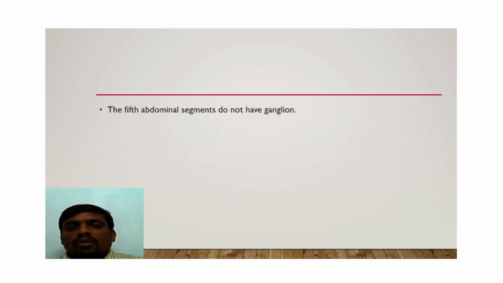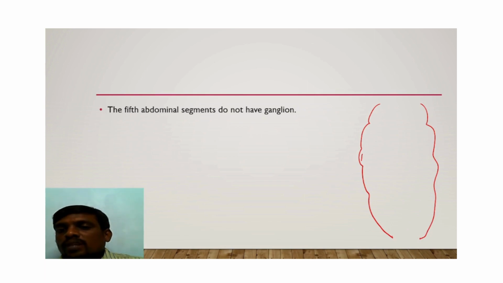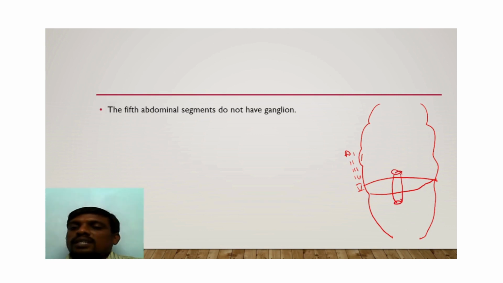Whereas the 5th abdominal segment does not have ganglia. If you take the cockroach body, abdomen 1, 2, 3, 4, 5, the 5th abdominal segment does not have any ganglia.